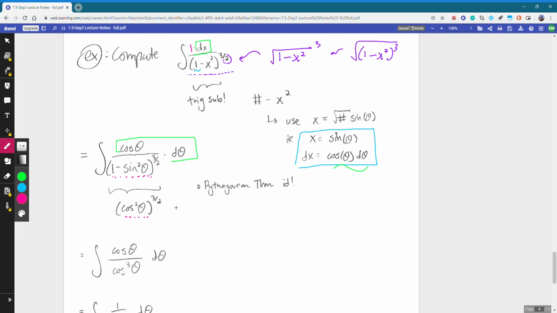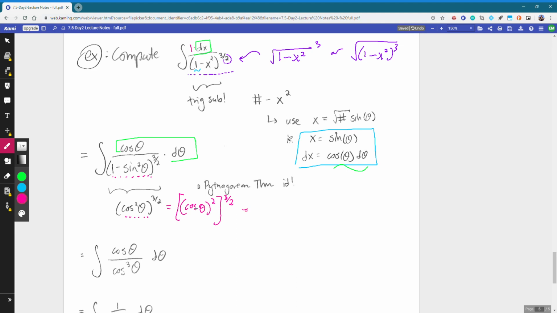And at this point, we have a nice rule of exponents going on, right? If we have cosine raised to a power, let's see if we can help ourselves out here. What this is literally saying is cosine of theta squared, all raised to the 3/2 power.